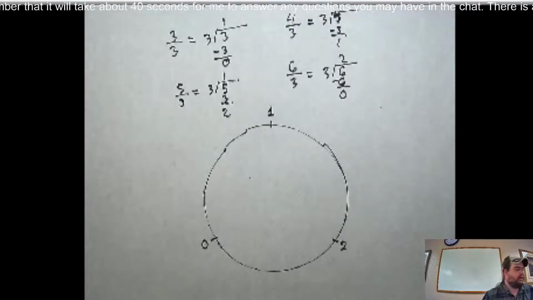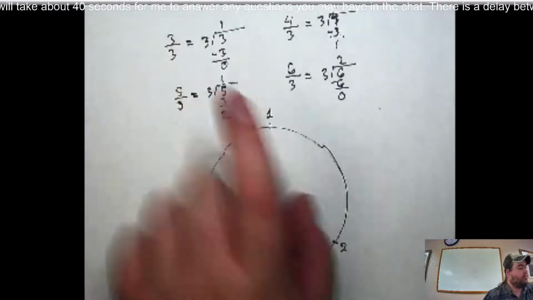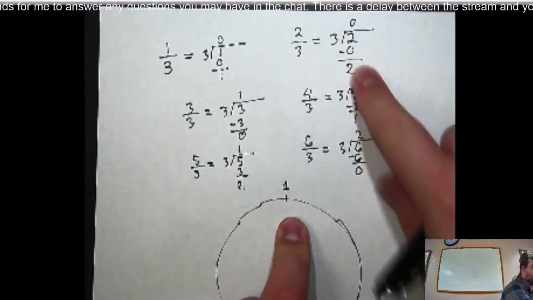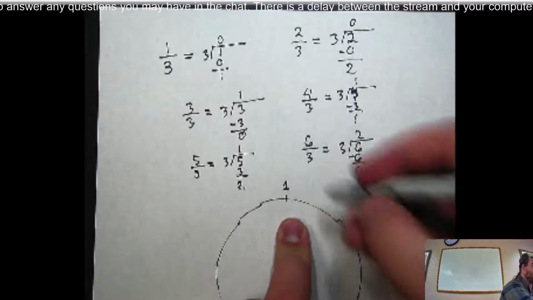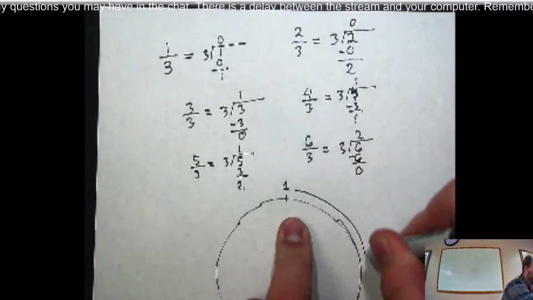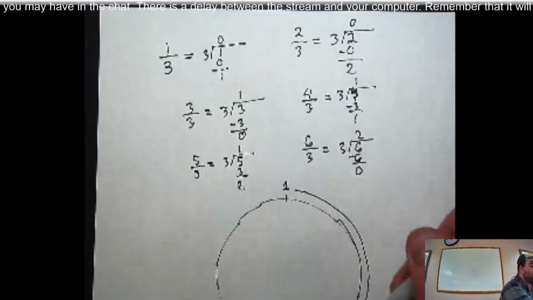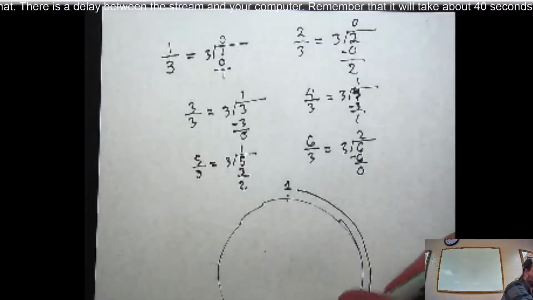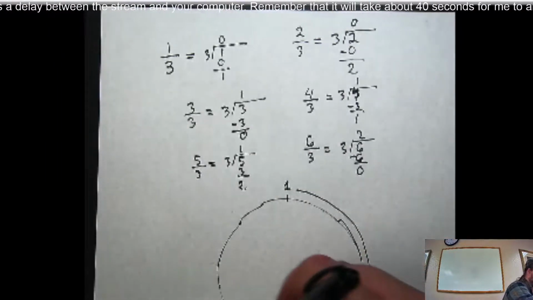Okay, so let's think, we start at 1, and then dividing by 2, we go to remainder 2. So we've gone here. And then from there we go to 3, so that's remainder 0.